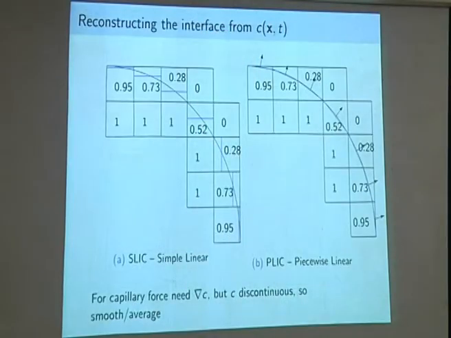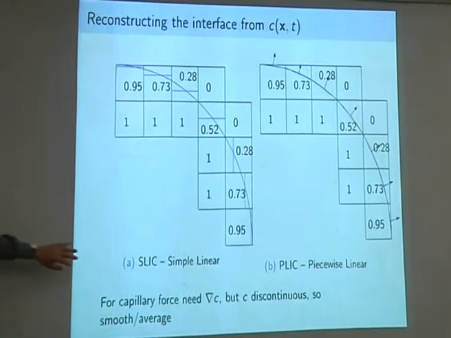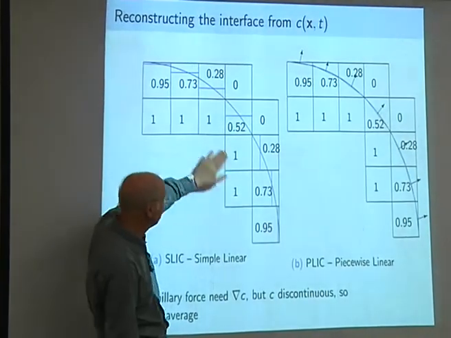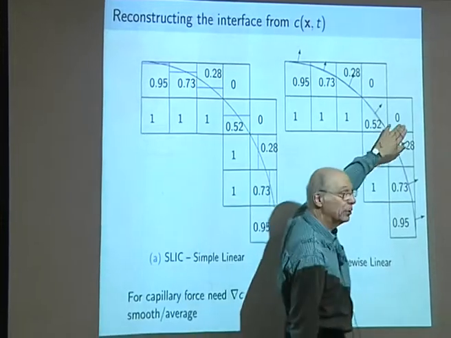But you want to know the curvature. So you have to go and find out where the surface is. I just know where C is equal to 0 or 1, and I have to try and find where the boundary is. So here are two ways of reconstructing the surface from knowing that C is 1 and 0.